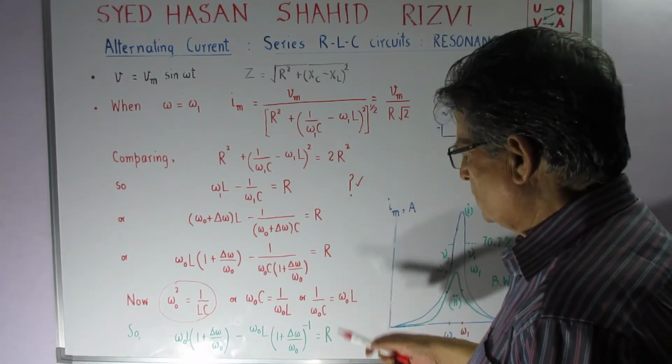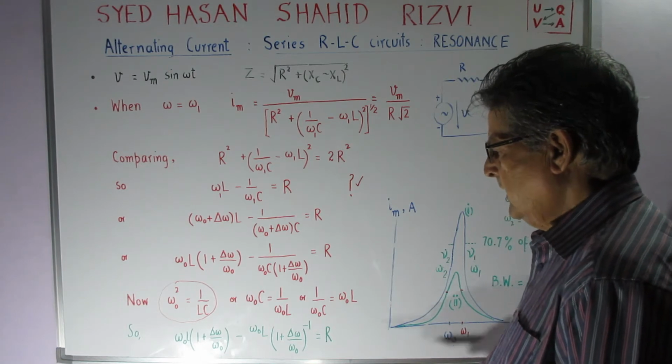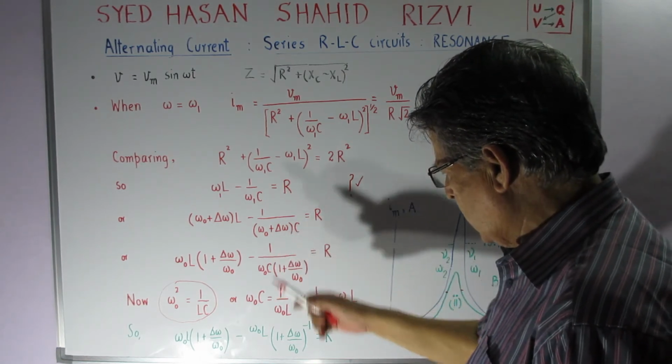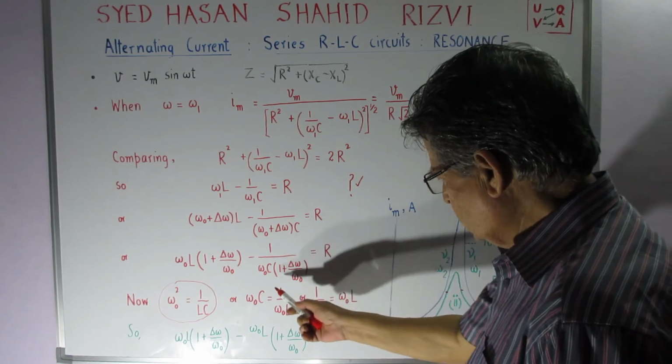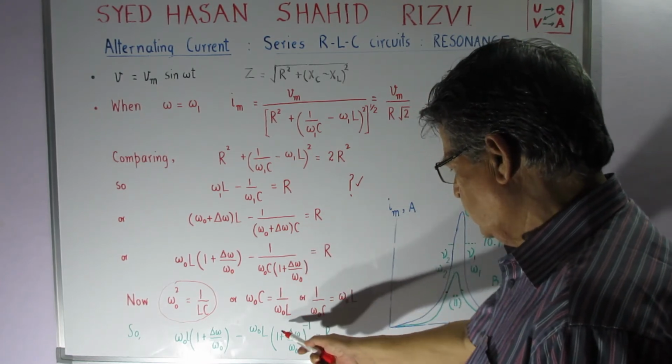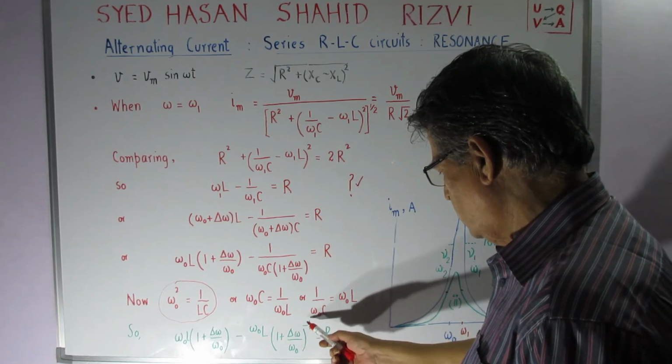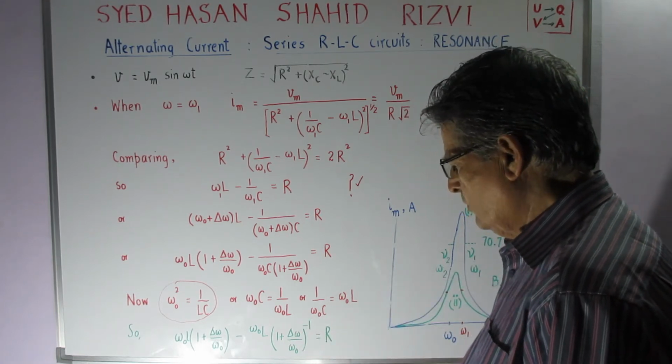If I substitute that, then 1 upon omega naught C becomes equal to omega naught L, and for this in the denominator I can write it as 1 plus delta omega upon omega naught raised to the power of minus 1.